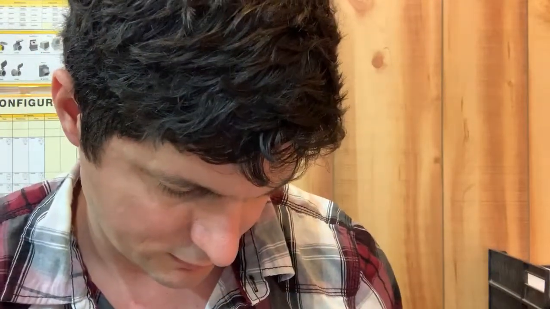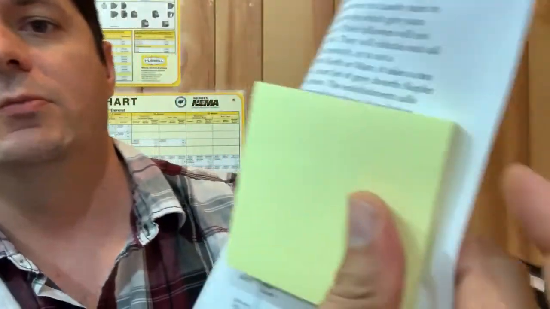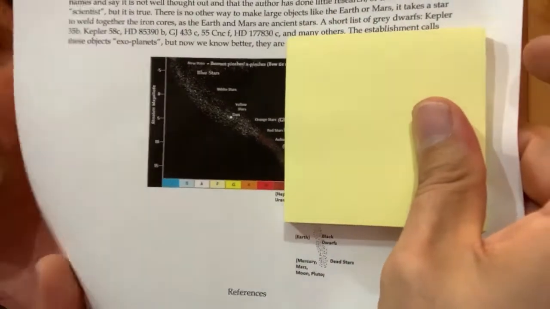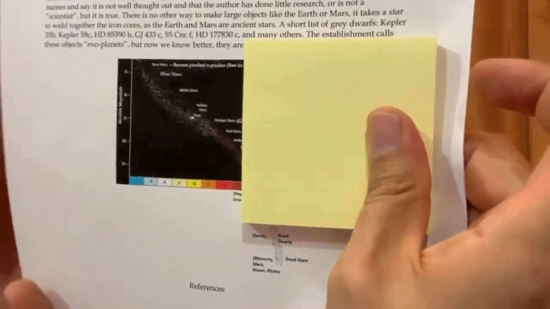Let's see here. Almost like that. And you'll notice how it stops at kind of like the dark red, right about there. And I'll link this bottom so you guys can zoom in on it.